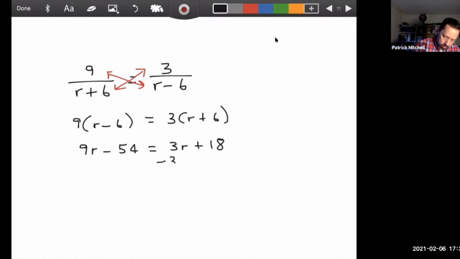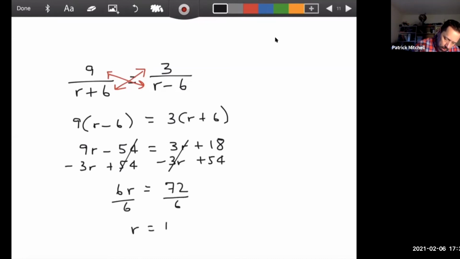Let's get our R terms on one side and our numbers on the other side. That's going to give us 6R equals 72, which means R equals 12.